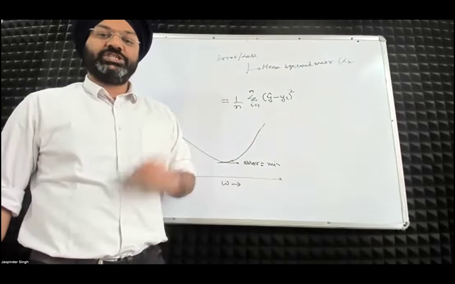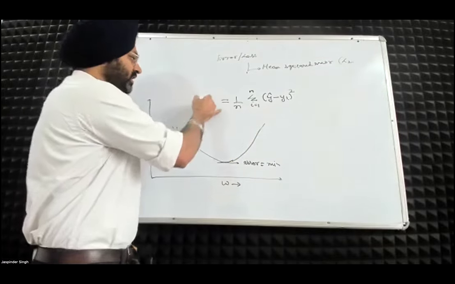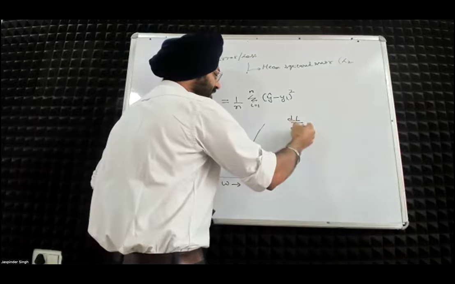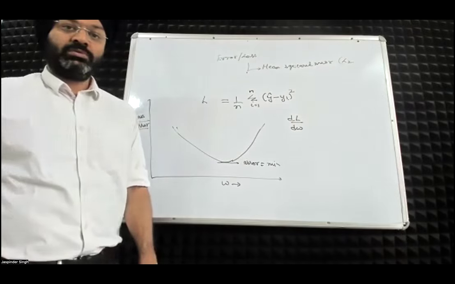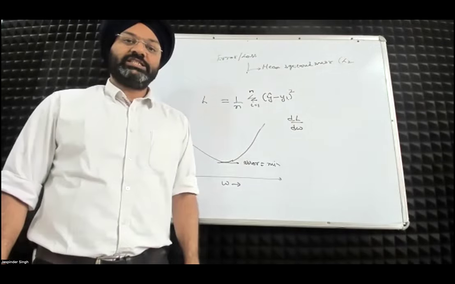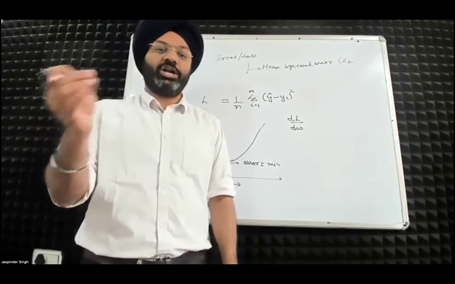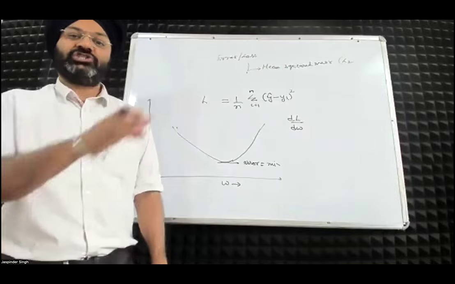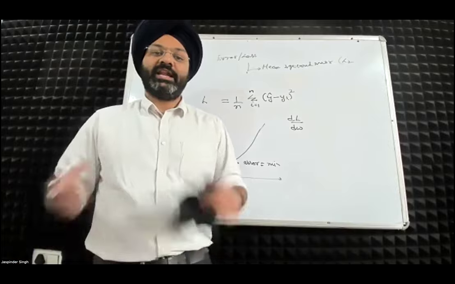If this is the loss function, let's call it L, then if I am able to find dL by dW, that is, how the loss is changing according to the weights, that is, the slope of that, then my life is sorted.